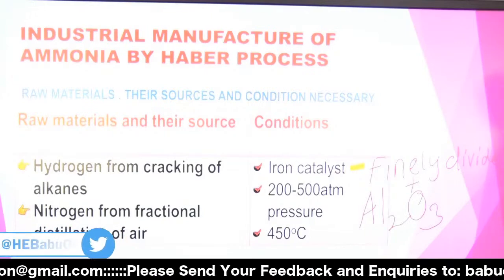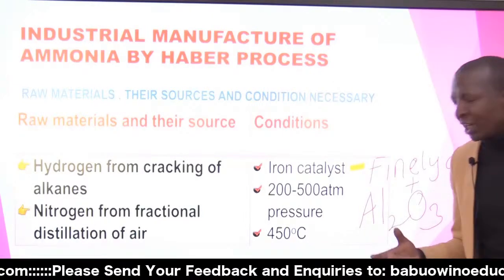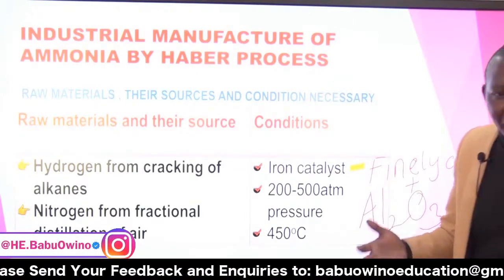So we normally say the iron catalyst is finely divided and it is enriched, or rather impregnated with aluminum oxide.